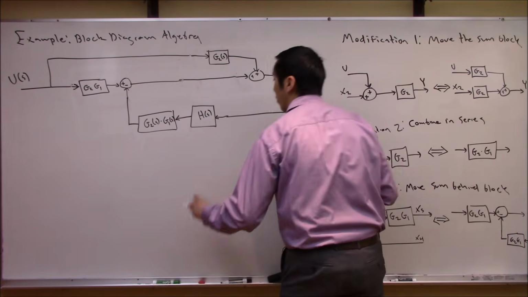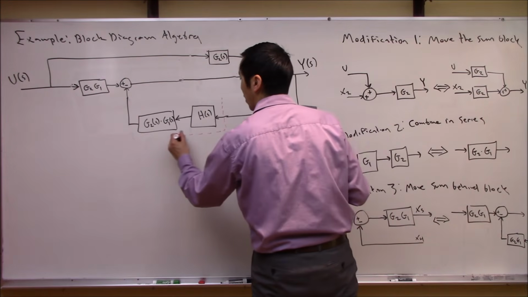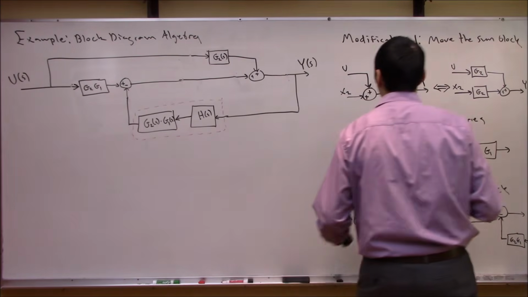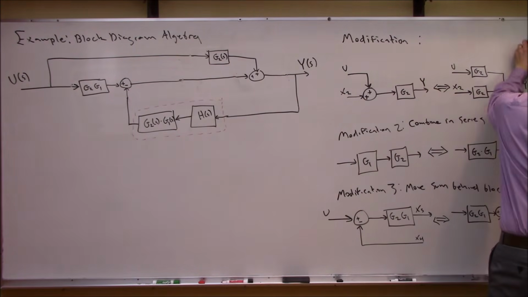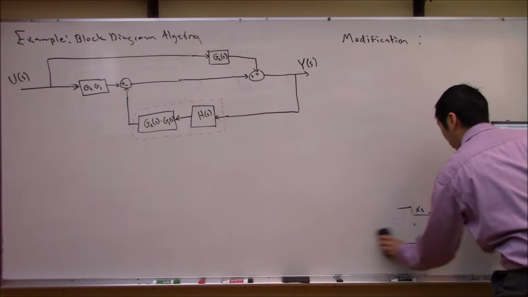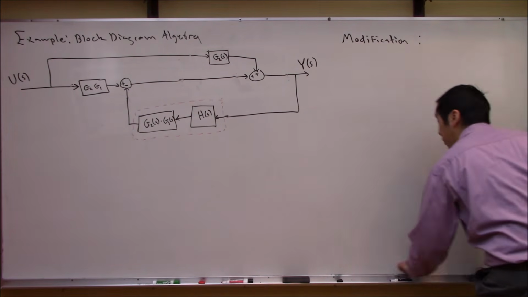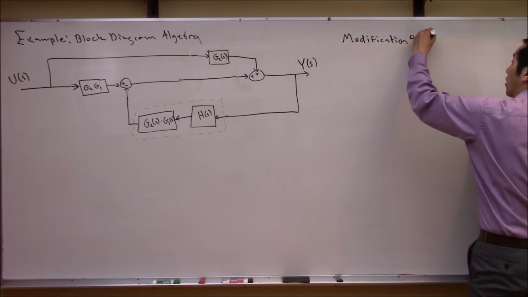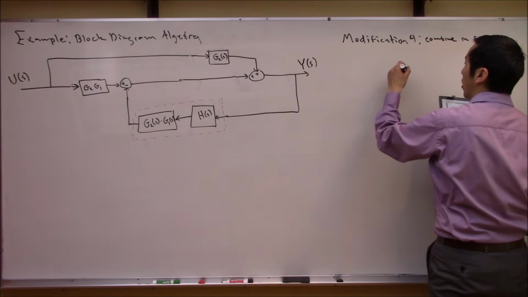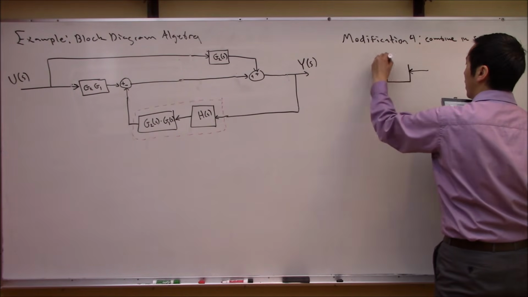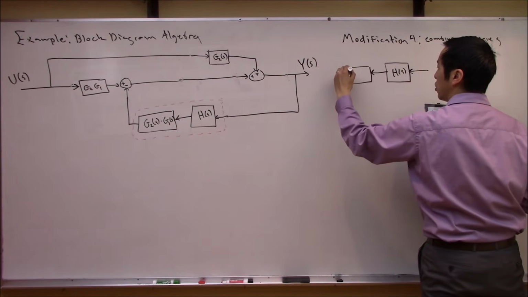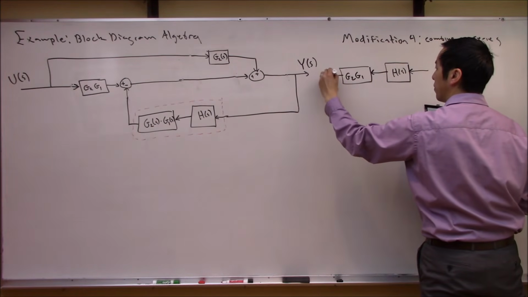Here we go. Another real low-hanging fruit. Another combine in series operation. So let's do modification number 4. I see another low-hanging fruit of combine in series. So what we got over here is you got H, then you got G2, G1.